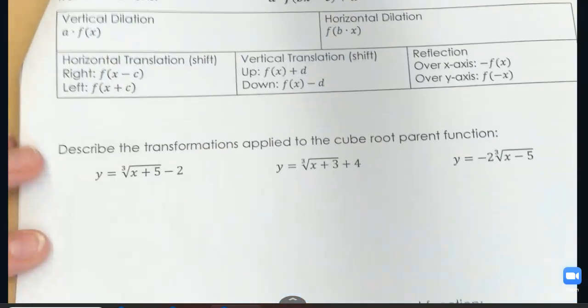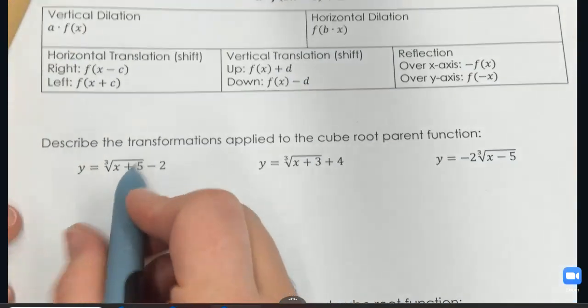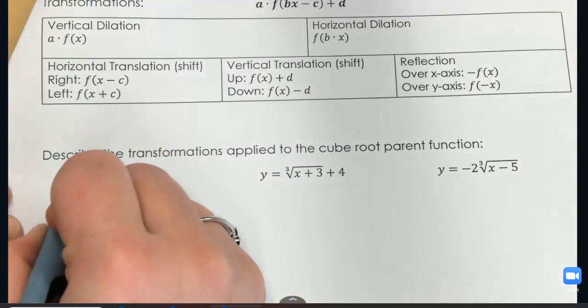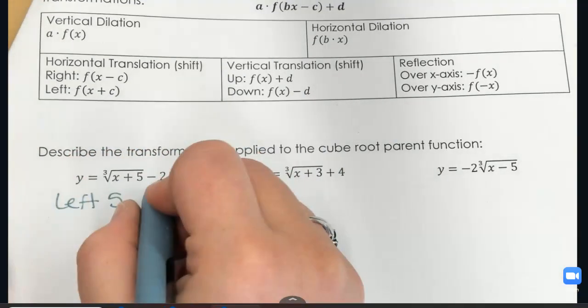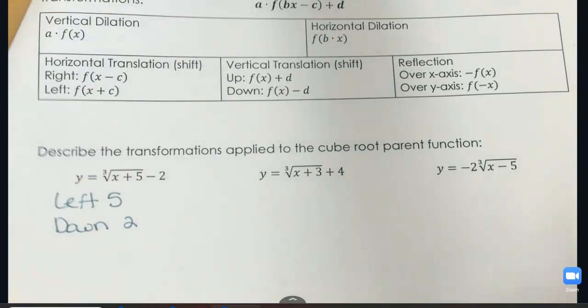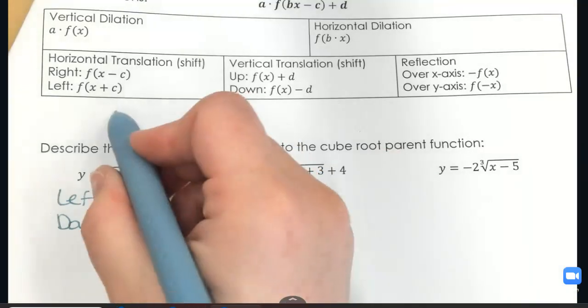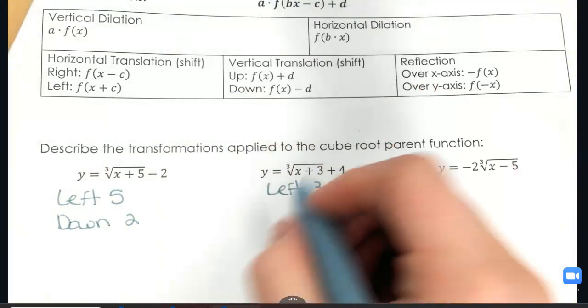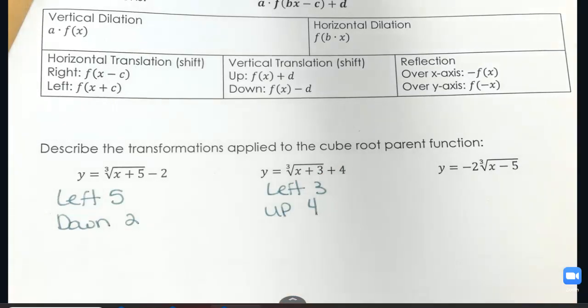So let's talk about transformations to finish this out. Looking at this first one, that plus 5 on the inside of my cube root tells me that we are going to be going to the left 5. And that minus 2 on the outside tells us that we are going down 2. On the next one, the plus 3 on the inside tells us that we are going to the left 3. And the plus 4 on the outside tells me that we are going up 4.